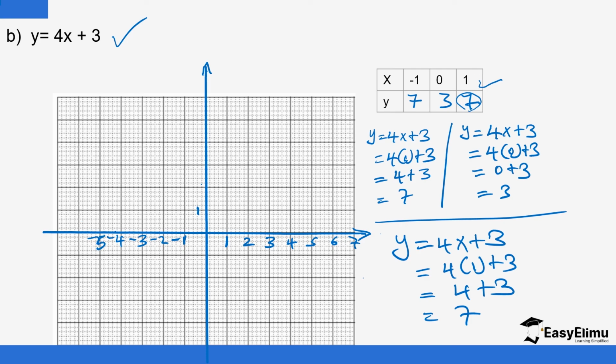So you have 1, 2, 3, 4. So still that is not accommodating 7.